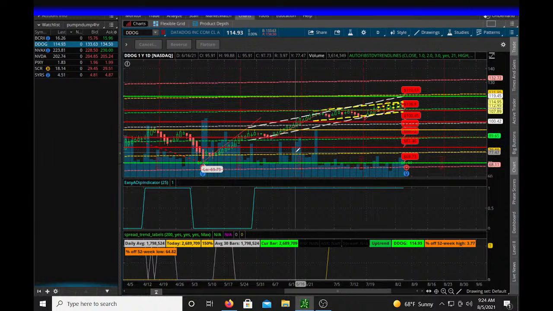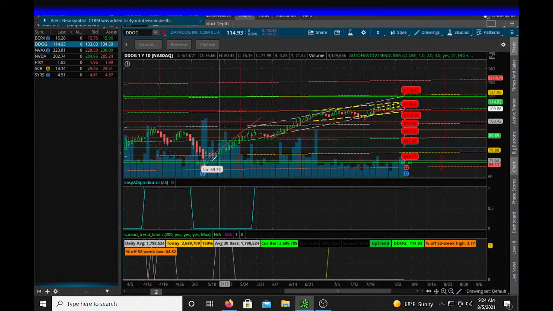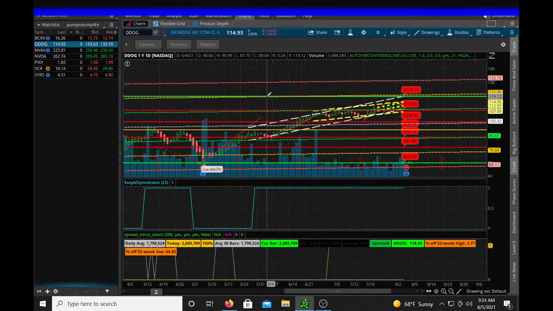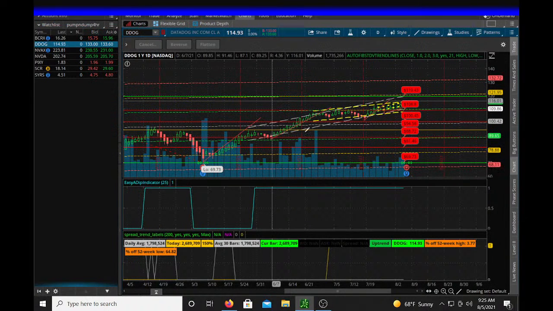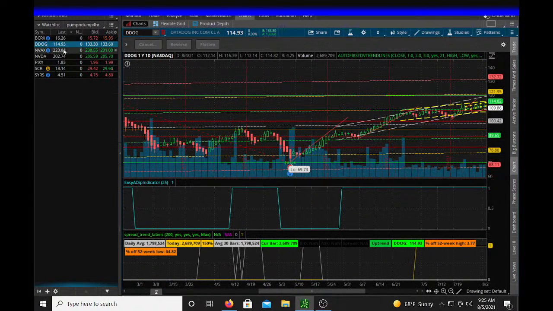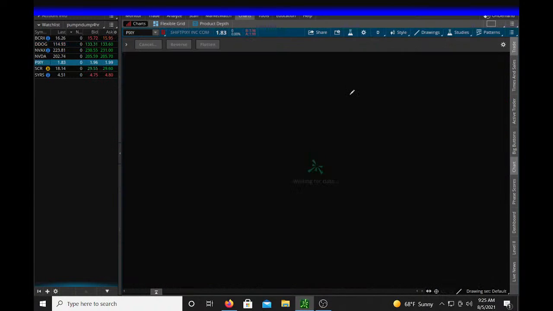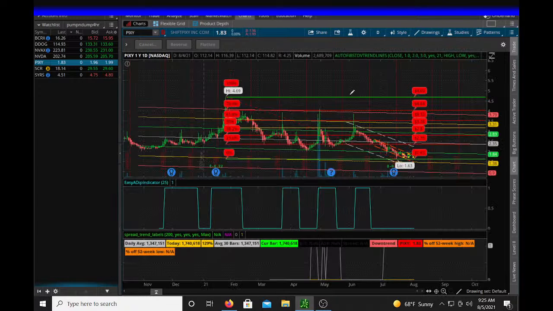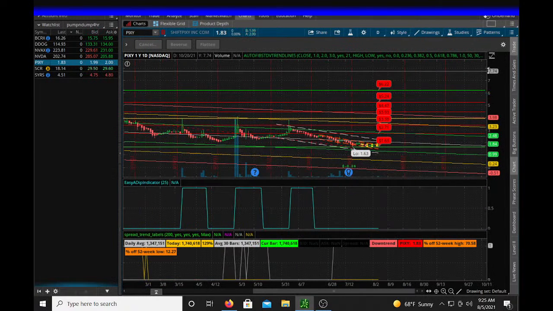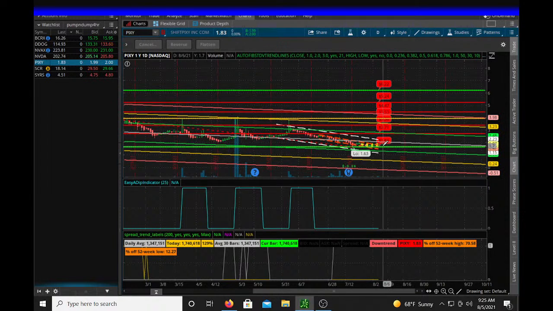And we have our standard deviations that are colored. So we have a green to green standard deviations. And let's check out Pixy here and see what it's doing. Looks like it's hitting a bit of a low here. Very good.